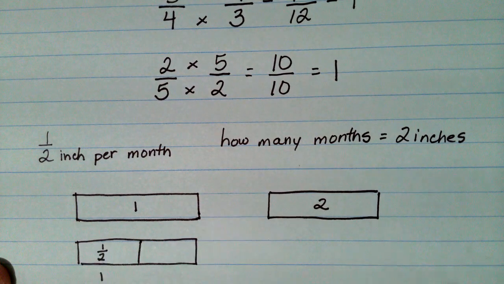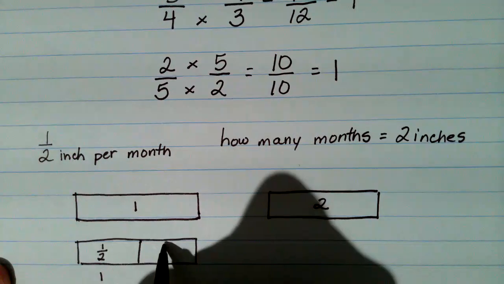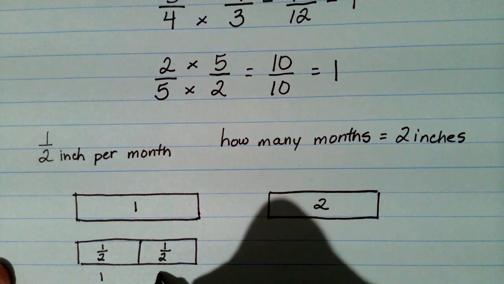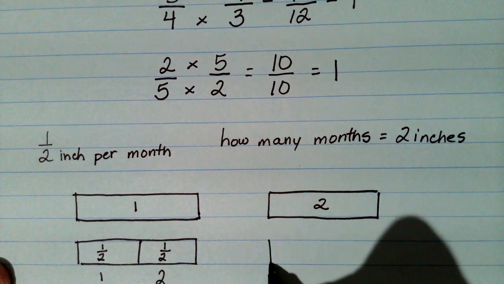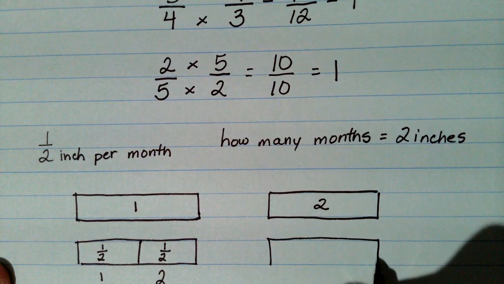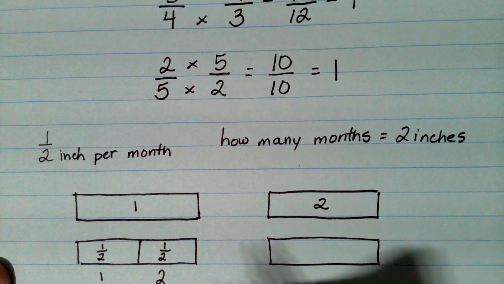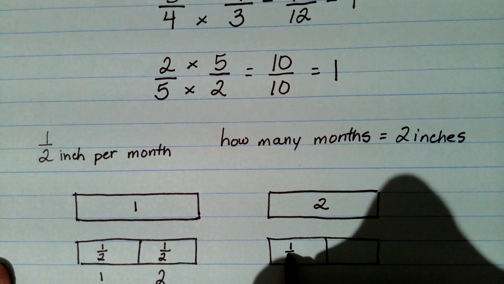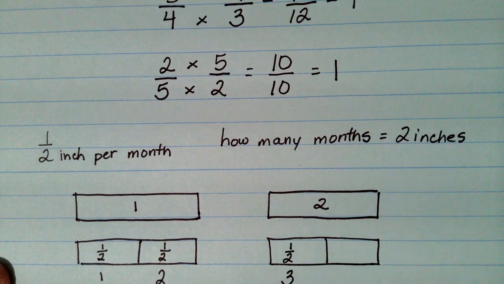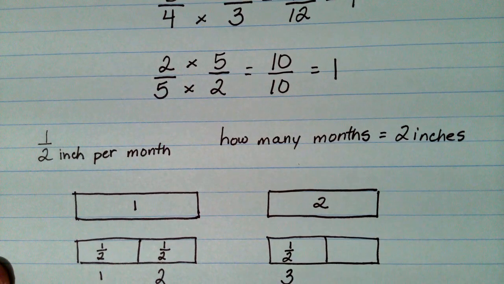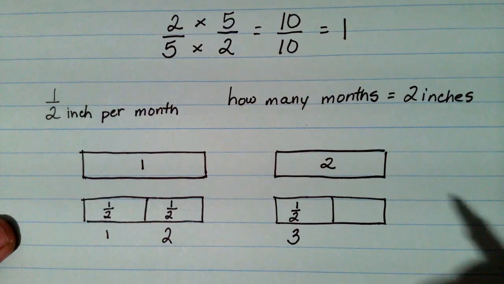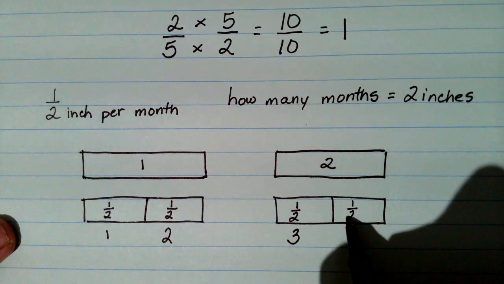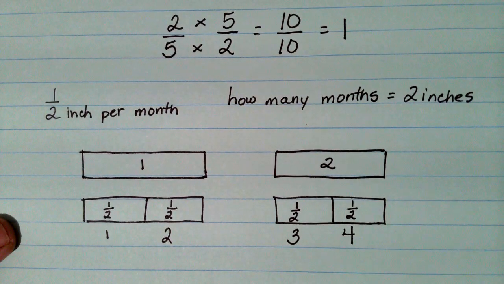That's 1 month. The second month, it's going to grow 1/2 inch. That gave us a whole inch. Now we have to grow another 1/2 inch. That's the 3rd month. And we have to grow a 1/2 inch more. This is the 4th month.